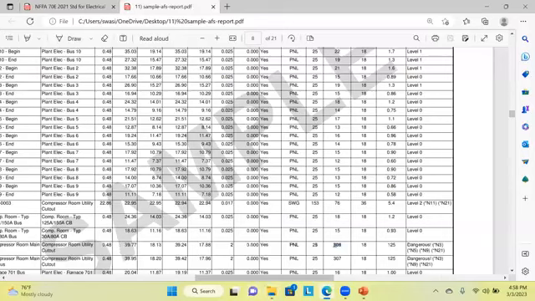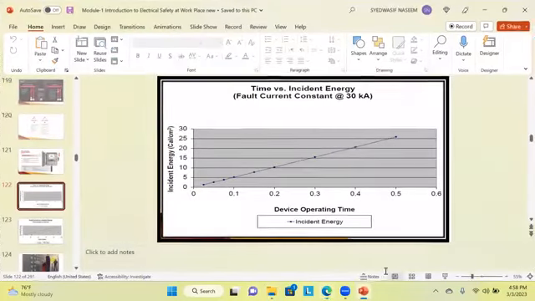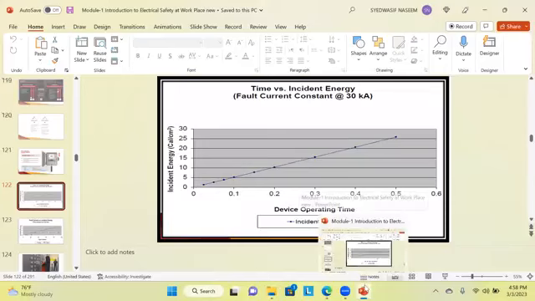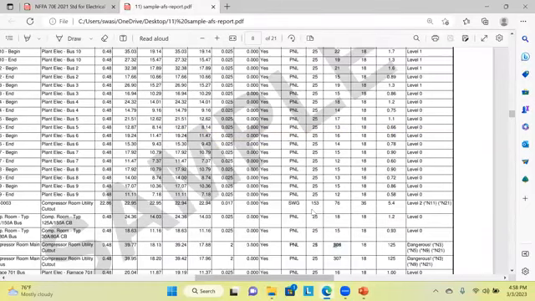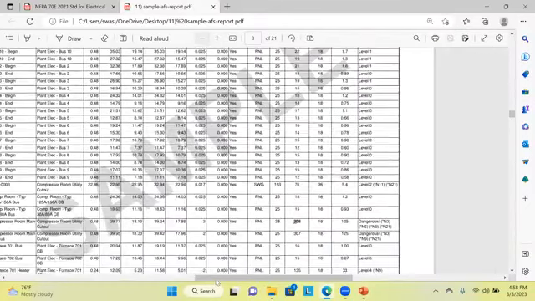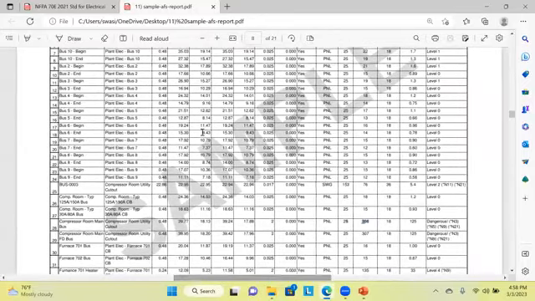That's why I mentioned earlier that the arc flash boundary can come inside the restricted approach boundary or the limited approach boundary, or it could be the outermost boundary. This concept is clear? Yes, sir. Okay.